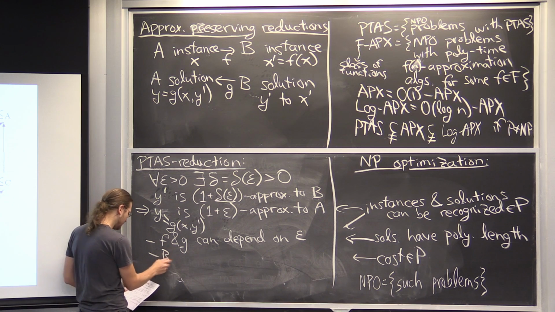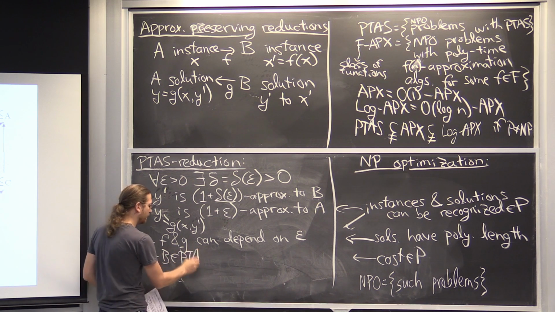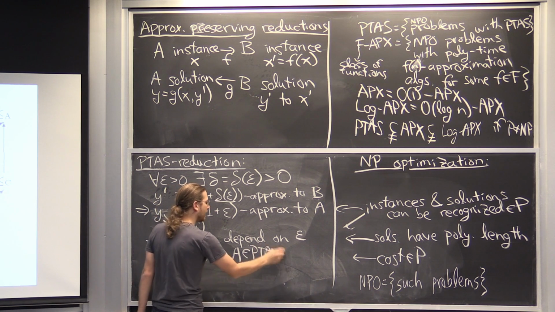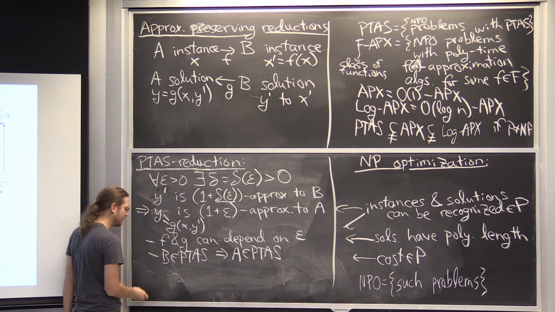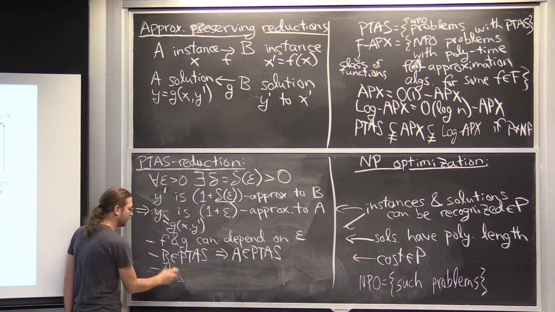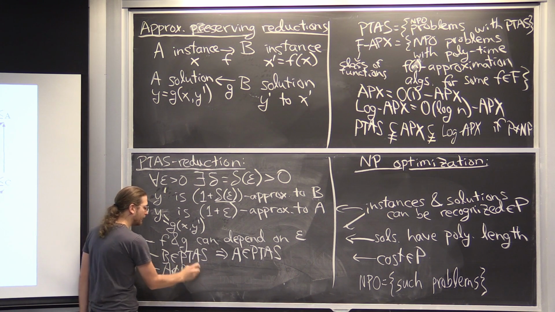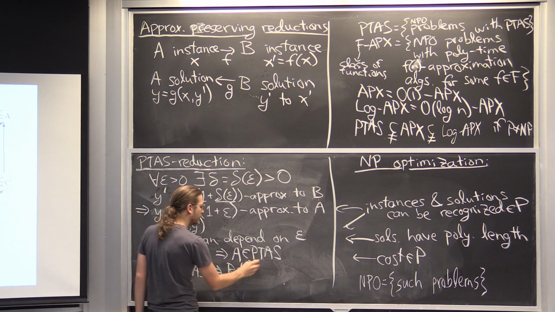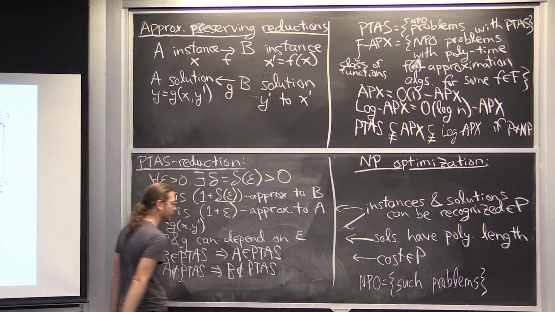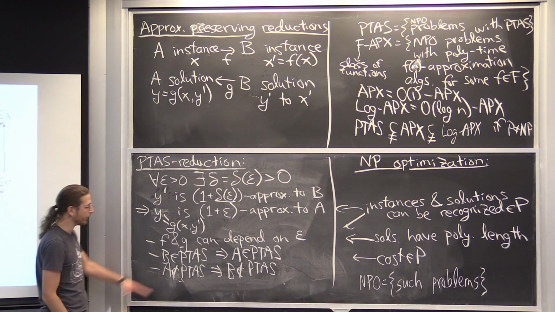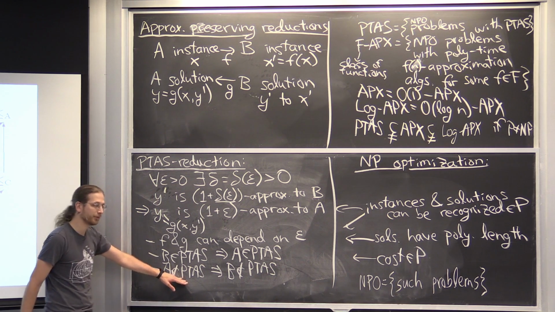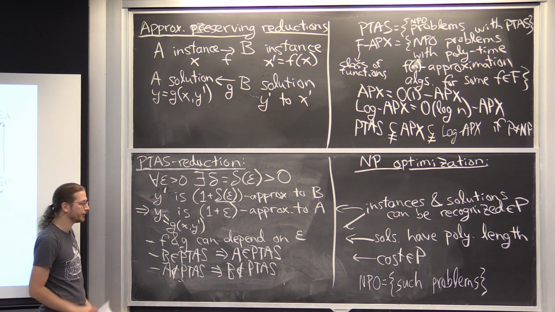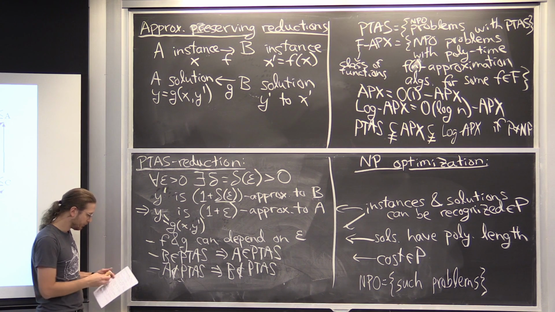But the key thing we get is that if B has a PTAS, then A has a PTAS, so it's in the complexity class PTAS. Of course, what we care about is the contrapositive of that. So if A is not in PTAS, then B is not in PTAS. So we reduce from our hard problem that we know is not in PTAS, assuming P does not equal NP, and we get that our new problem B is not in PTAS. That's the point.